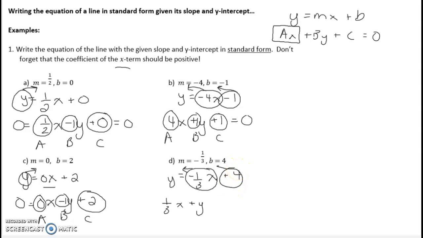And this 4, we move it over, so it becomes a negative 4. All right, and then set it equal to 0. So, final answer: your A is 1/3, B is a 1, C is the negative 4.